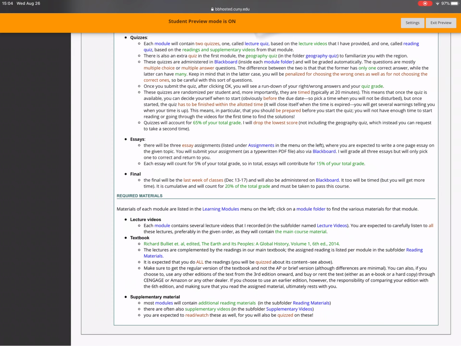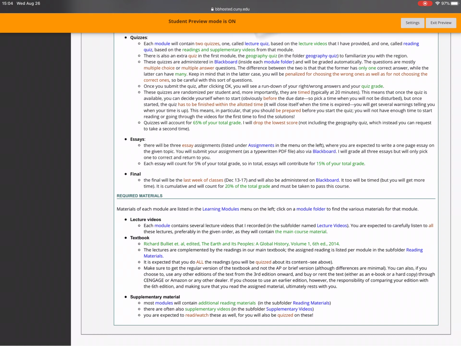The textbook that we will be using is called The Earth and Its People, A Global History. Be careful, we need volume 1. I recommend that you take the 6th edition, but you can take any edition after edition 3, but it is your responsibility if you take any other edition.